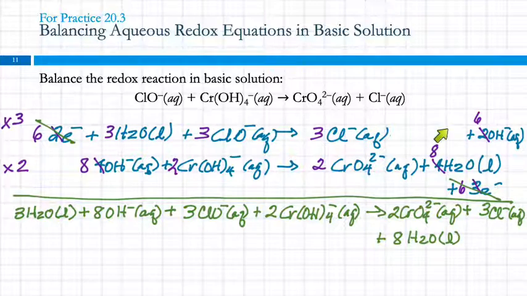Oh, and I forgot these guys up here. And the 6 hydroxides up there. Did I miss anybody? You can see how it would be really easy to make a little tiny mistake, right?